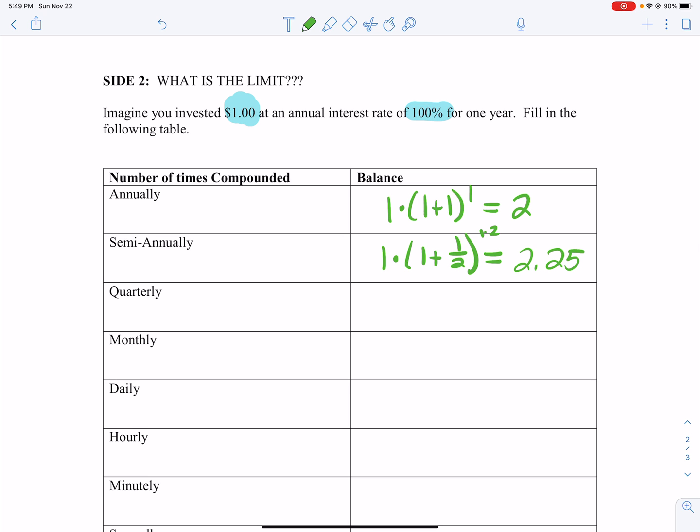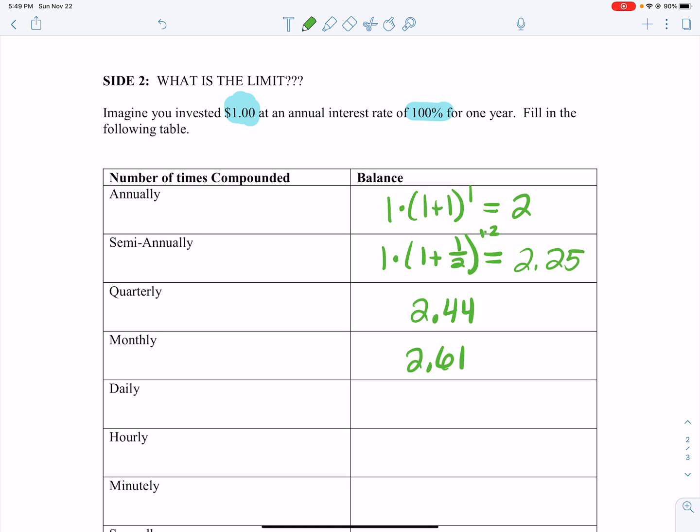So I want you to do that same thing. You're going to do quarterly to the 4th and to the 12th and so on, and see what happens. If I change this to quarterly, I would change it to a 4th and divide by 4. My answer was 2.44. If I change it to monthly, those would change to 12s, and that's 2.61.